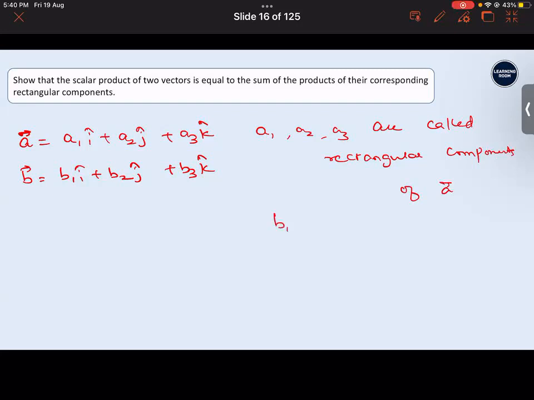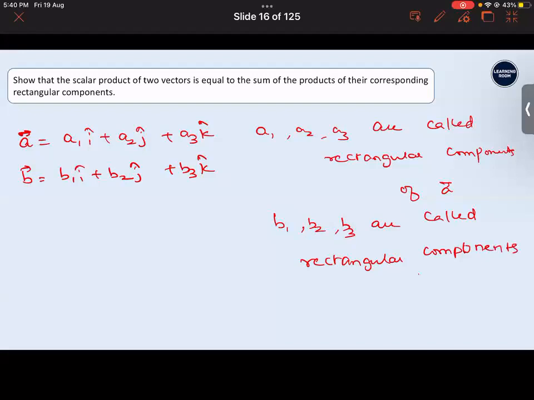And what are B1, B2, B3 called? They are called rectangular components of B vector. In mathematics, you call them coefficients. In physics, in terms of vector language, you call them rectangular components.